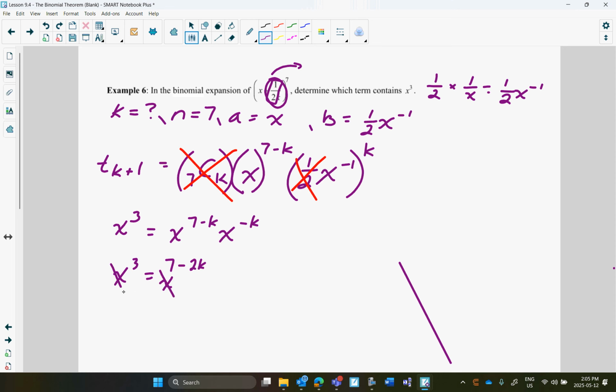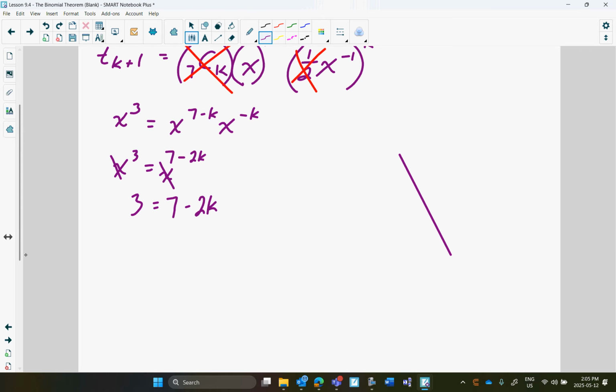Those go. 3 equals 7 minus 2k. Negative 4 is equal to negative 2k. K is equal to 2. Therefore, the term number is 3.